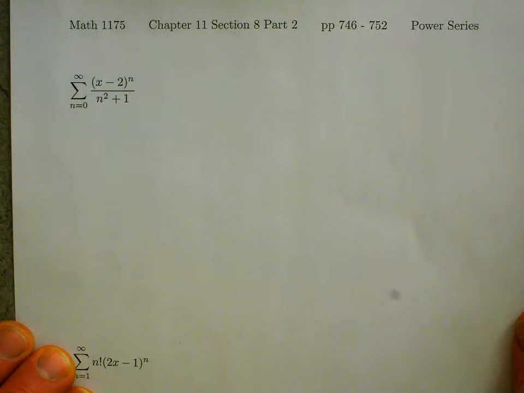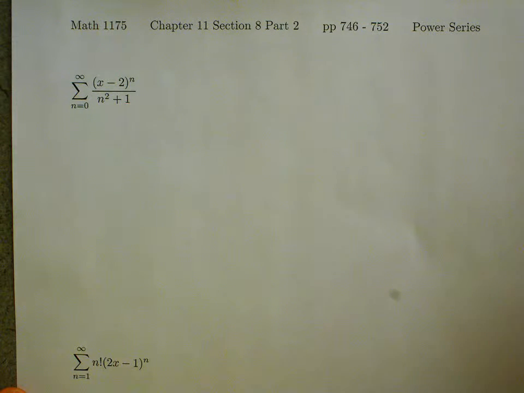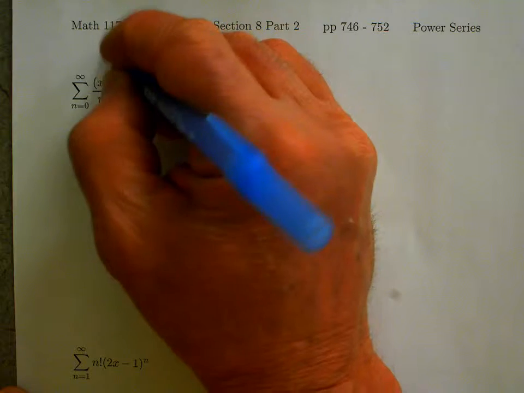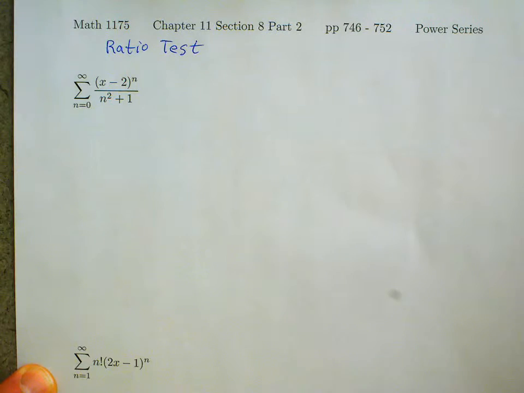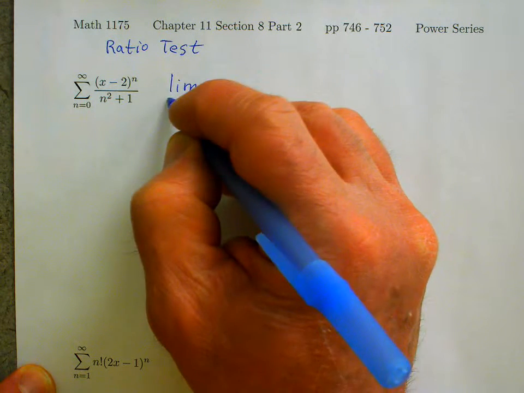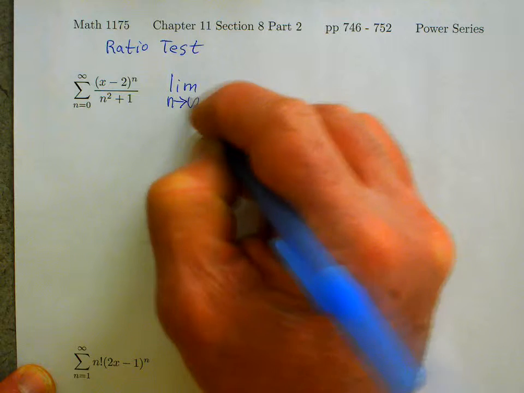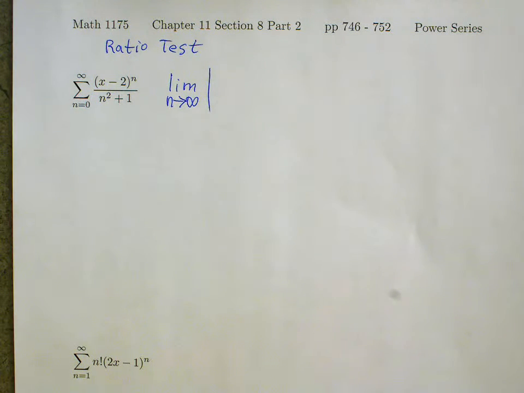Let's try the ratio test. So the limit as n approaches infinity of the absolute value of the n plus first term divided by the nth term.